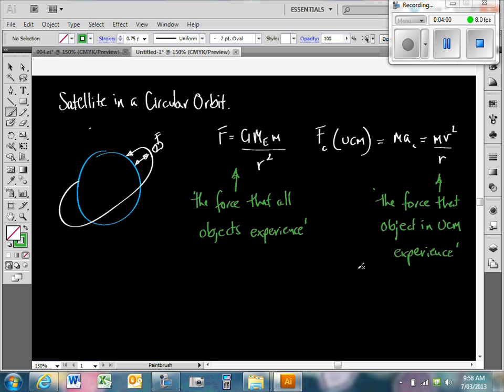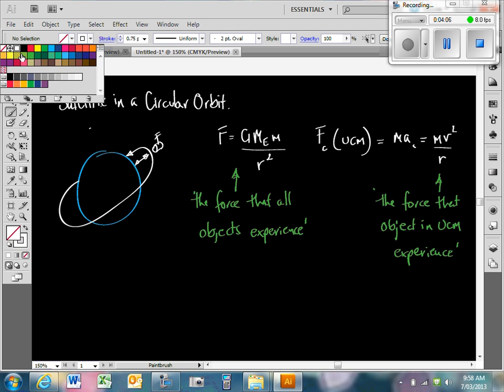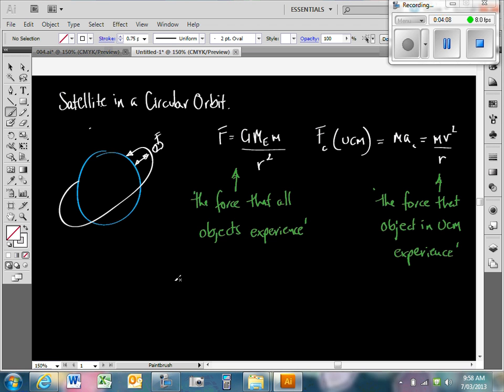Now, because these are one and the same at the moment, we can equate those. G, mass of the Earth, mass of the satellite over the radius squared is equal to the mass of the satellite times its velocity squared over r.